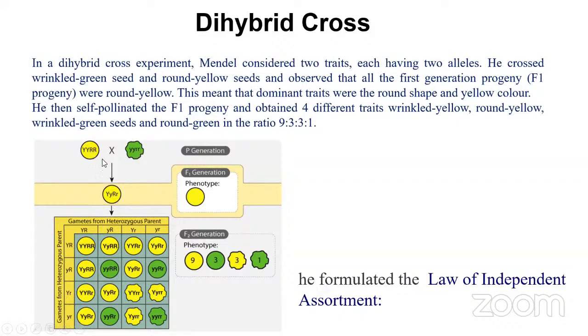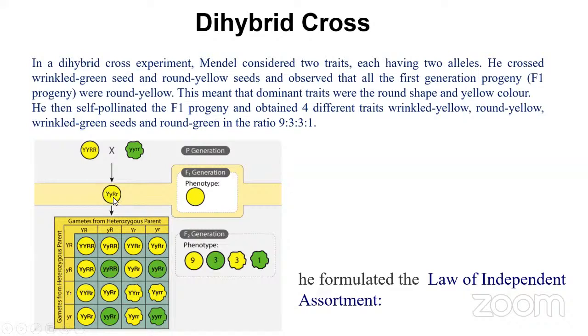When he crossed these plants, in the F1 generation all the plants had yellow and round seeds. Then he crossed these yellow and round seeds of the F1 generation. You all know about the law of segregation, so how many gametes will be produced?